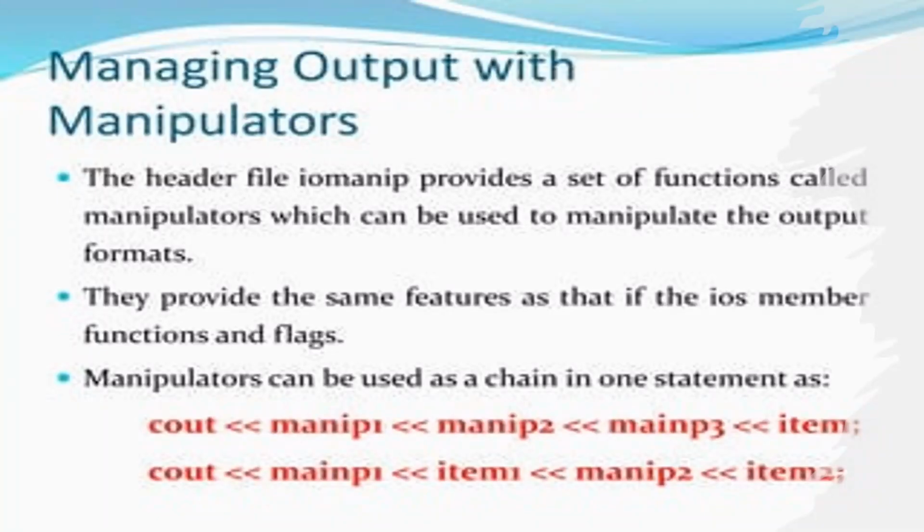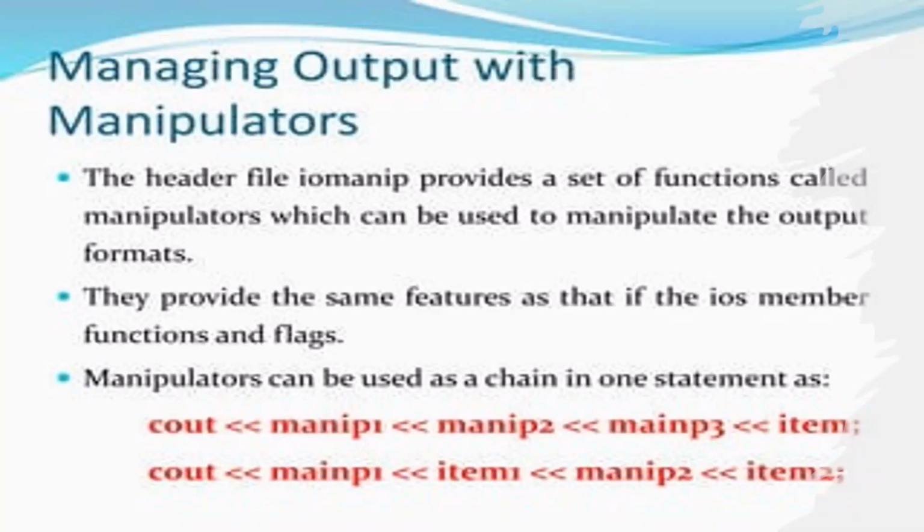Managing output with manipulators. What is the manipulators function? The header file iomanip provides a set of functions called manipulators, which can be used to manipulate the output format. So the output can be in different formats, and we can implement this output as the user wishes. For that we have a header file called iomanip, input output manipulation.